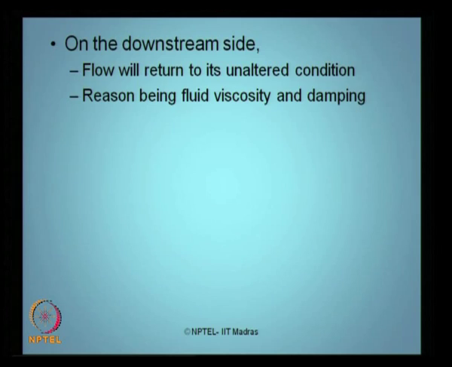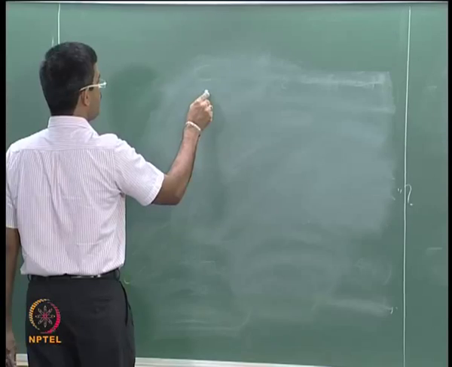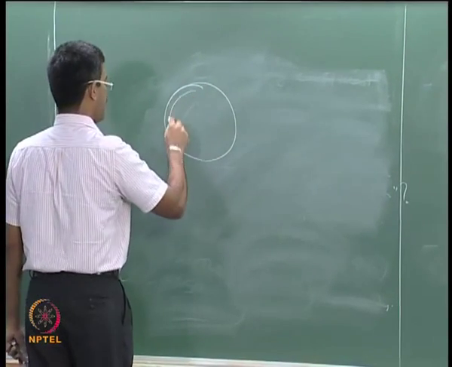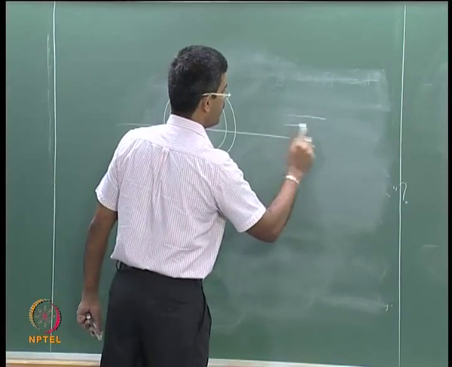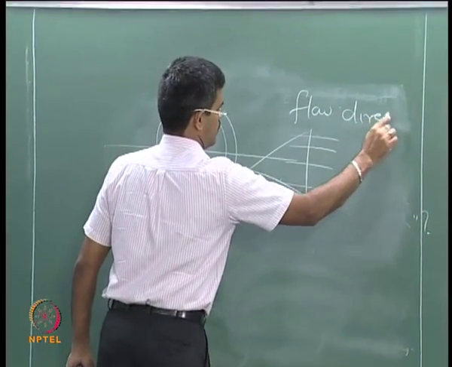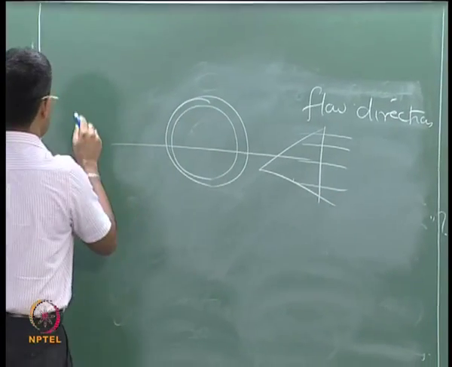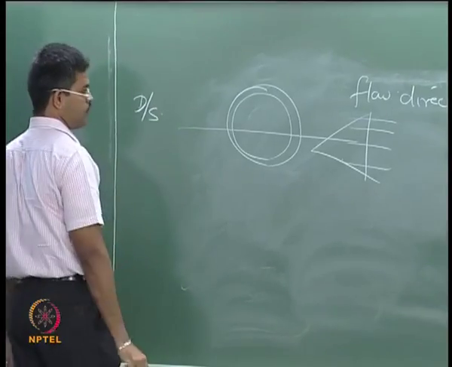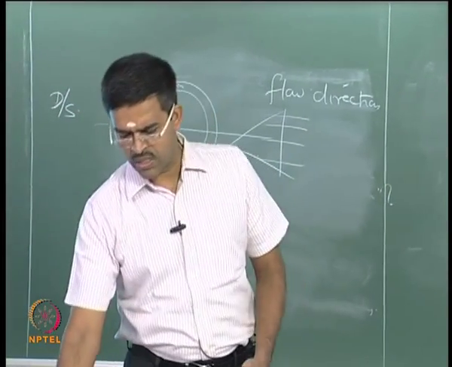On the downstream side, the flow returns to its normal, unaltered condition after it has passed the member.